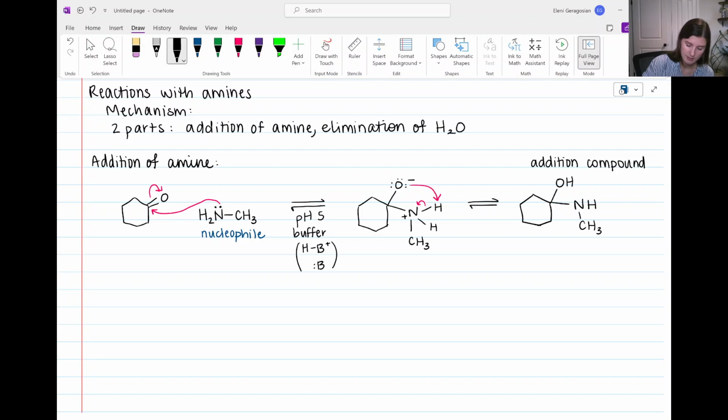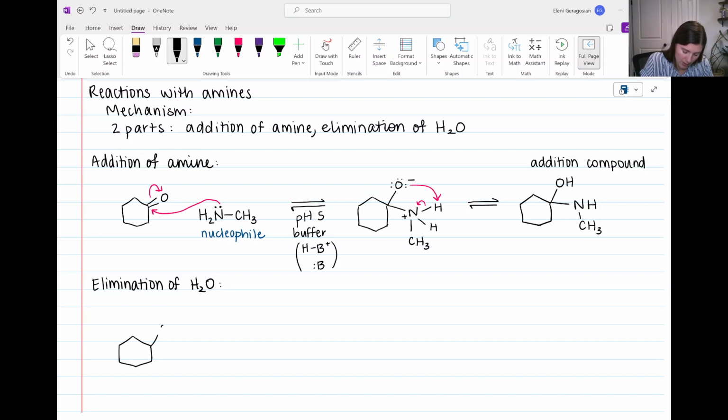And then the second part is elimination of water. So we have our addition compound.